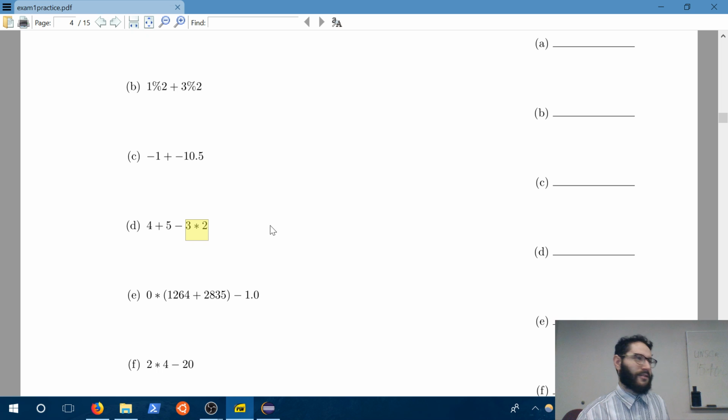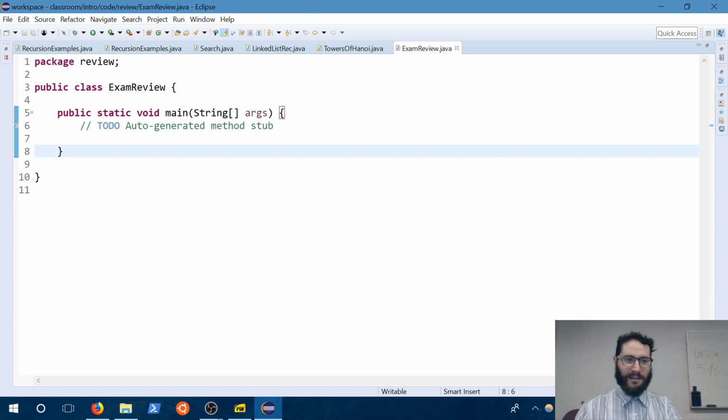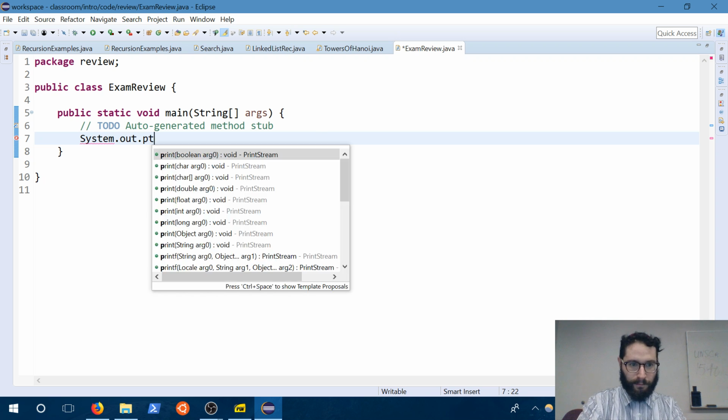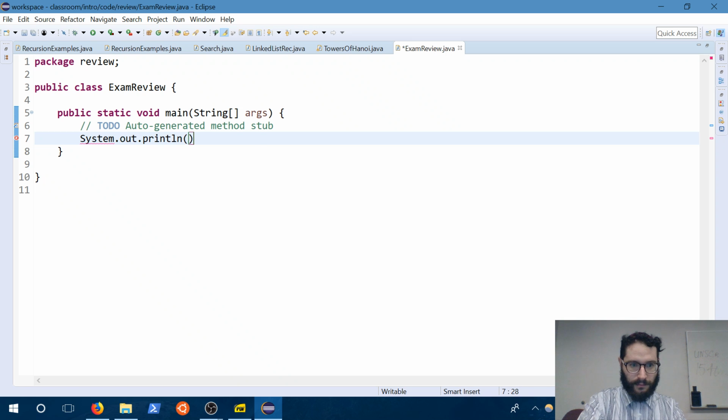I don't even remember these questions because I wrote this practice exam so long ago, but you can check these. That's another thing about these. These are Java expressions, so you could copy them and put them over here in a System.out.println and test them out.